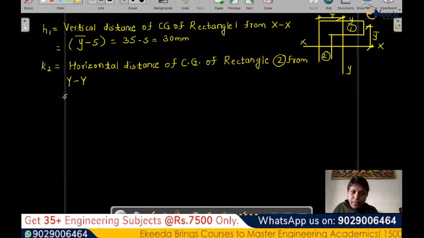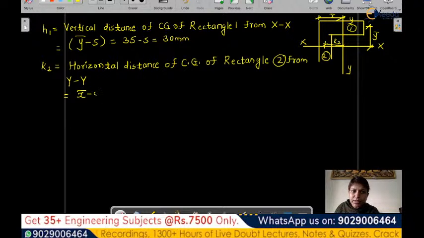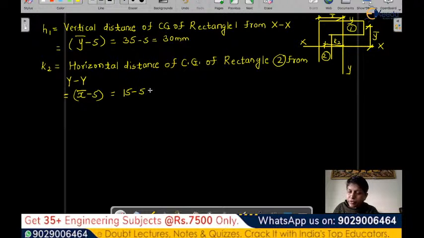From the YY axis, we need this distance, x bar. This is exactly our K2. So x bar minus 5. Our x bar value is 15, so 15 minus 5 is 10 millimeter.